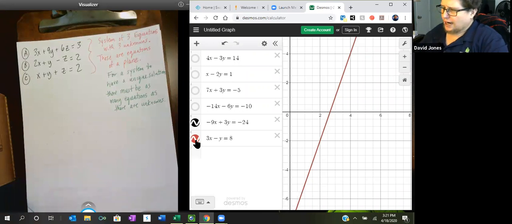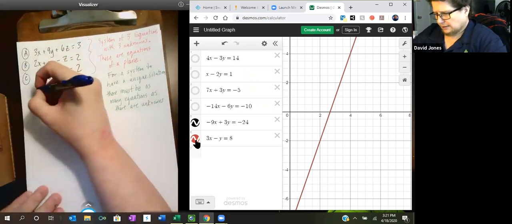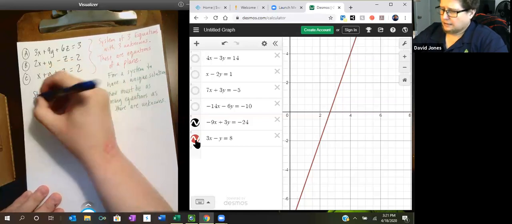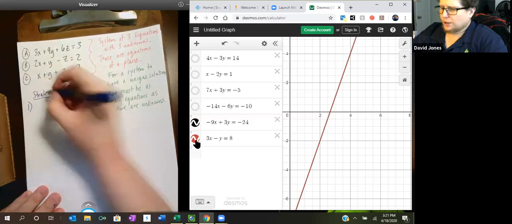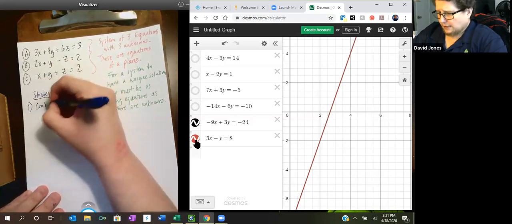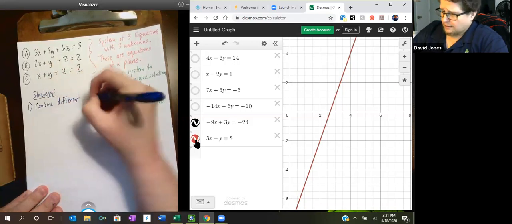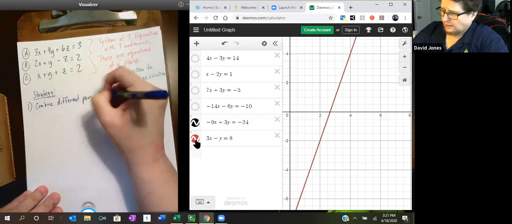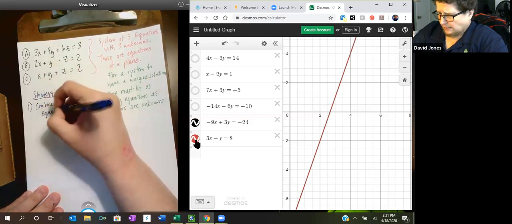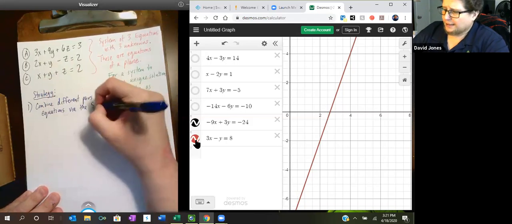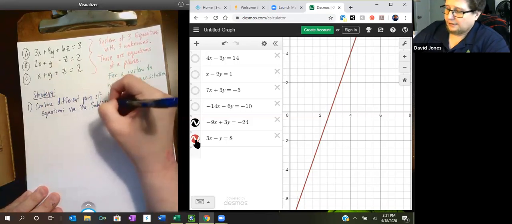Now, strategy for solving these. The first thing you want to do is combine different pairs of equations via the substitution method or addition method.